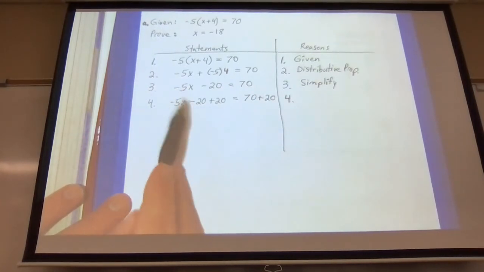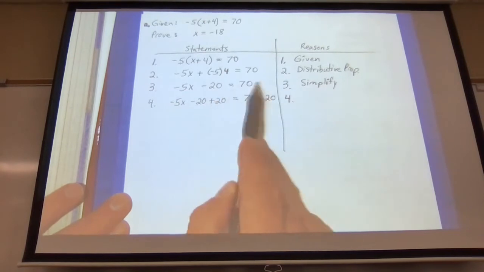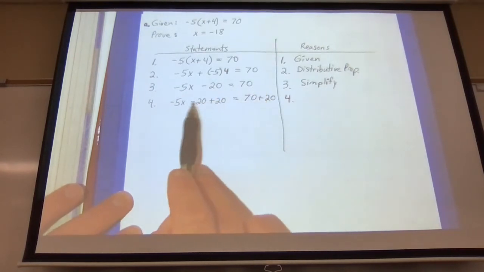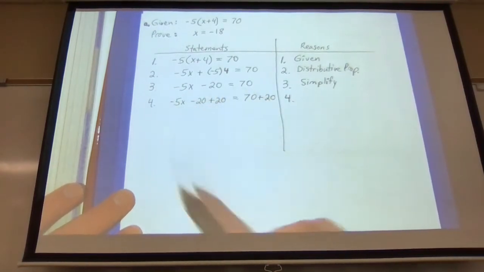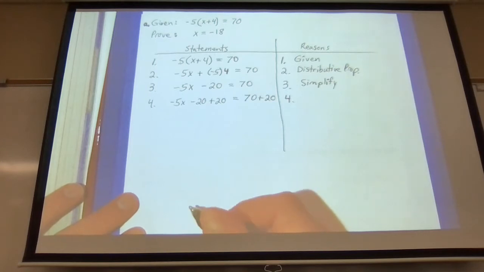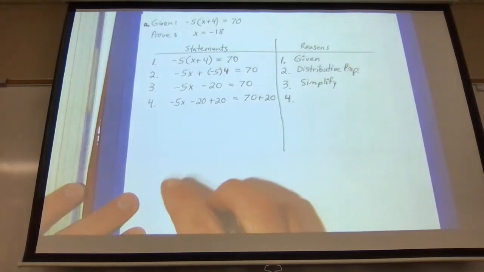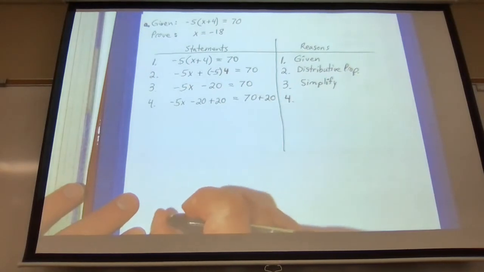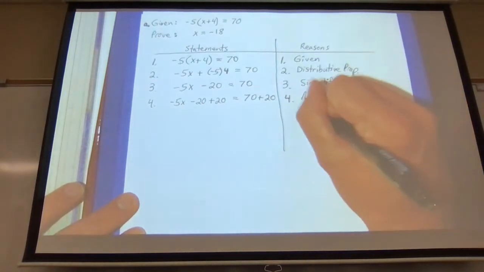This previous step to here, we added 20 on this side and added 20 on this side. Which property allows us to add 20 to both sides of our equation? Which property did we just go through? Allows you to add 20 to both sides. Addition property.